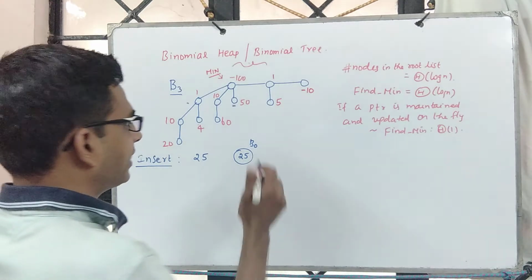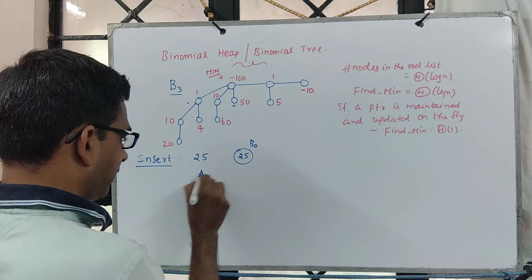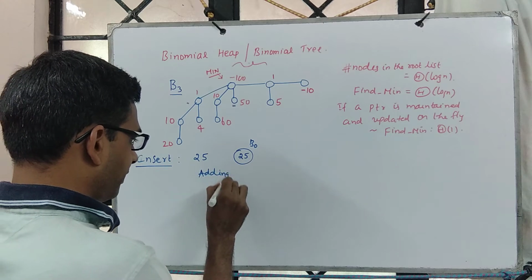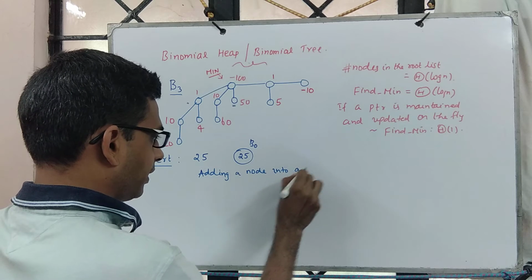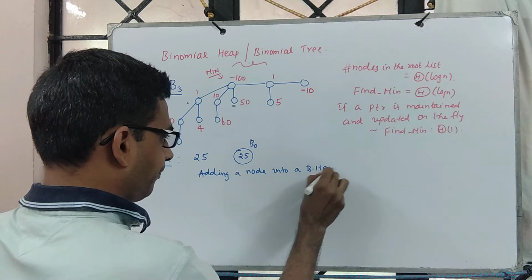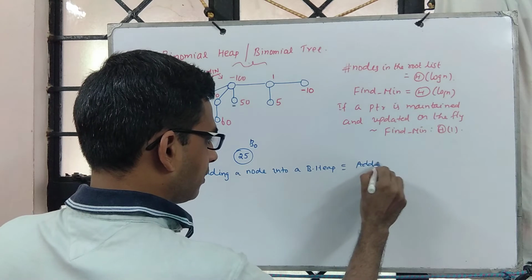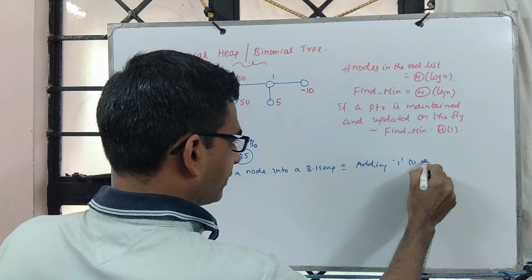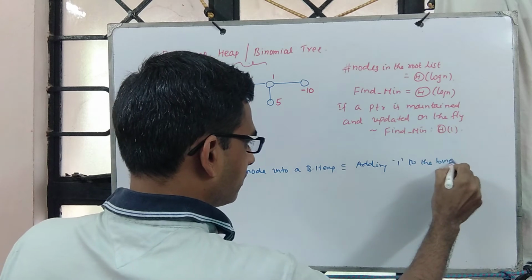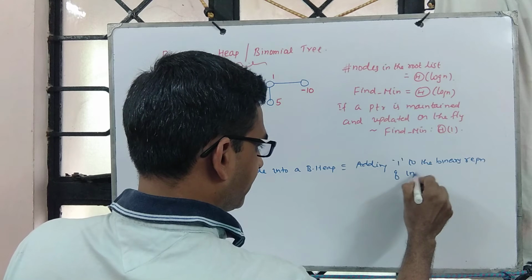We also saw that adding a node into a binomial heap is equivalent to adding 1 to the binary representation of the integer n.